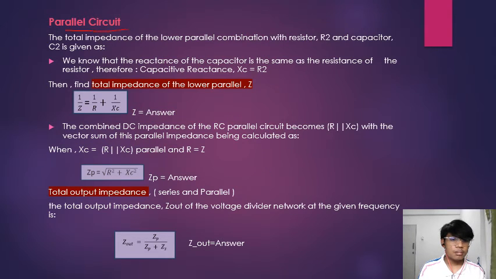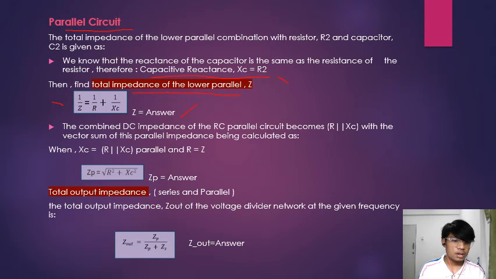Okay, for the parallel circuit, we know that the capacitive reactance Xc is the same value as the resistance value, which is R2. So we can find the total impedance of the lower parallel Z with the formula 1 over Z equal to 1 over R plus 1 over Xc, and we can get the total impedance.